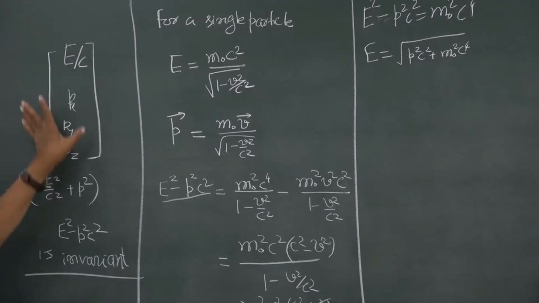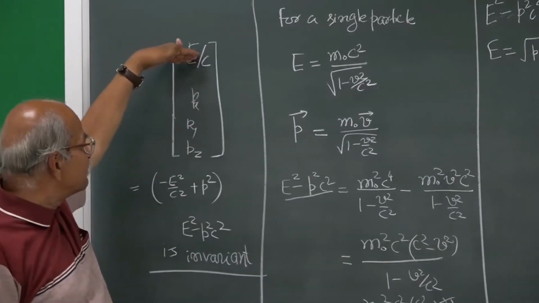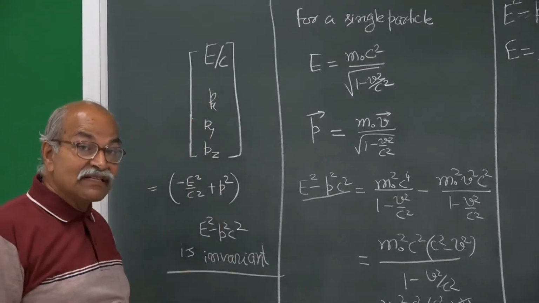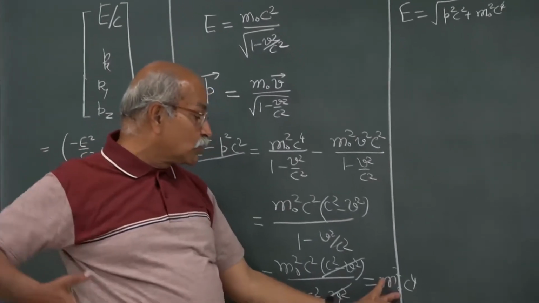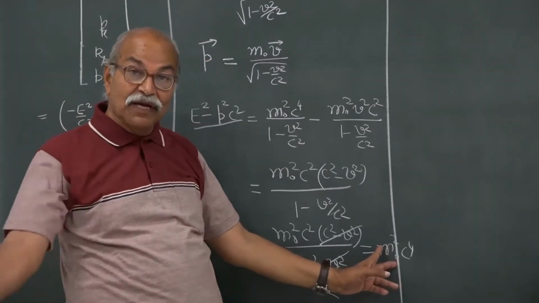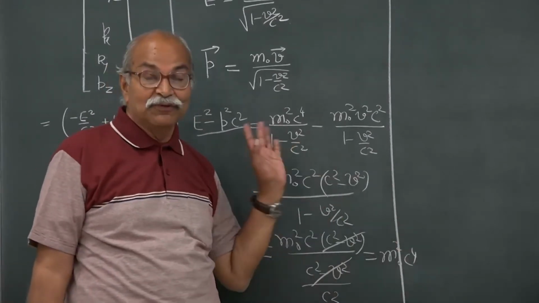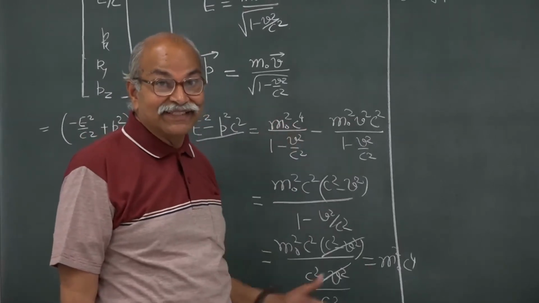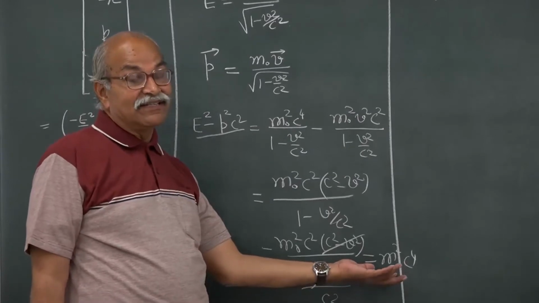If you write these, it is still a 4-vector, and again minus of this square plus this square plus this square plus this square will remain invariant. But then it will not be something like the total rest mass of the two particles, m naught 1 plus m naught 2, square c to the power 4. That is not guaranteed, that is not the case. But whatever it is, it will remain invariant.